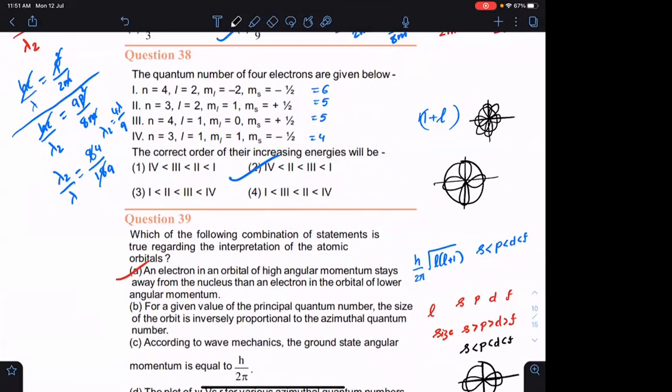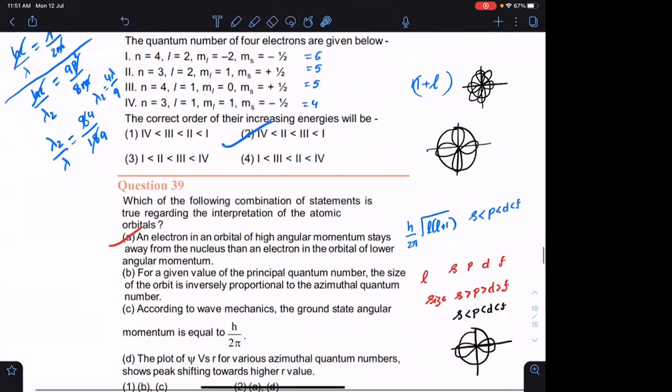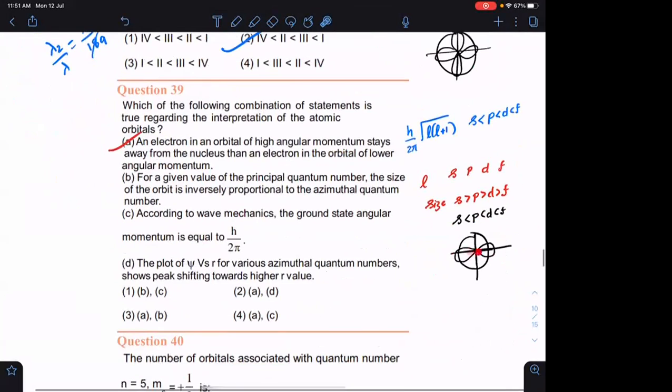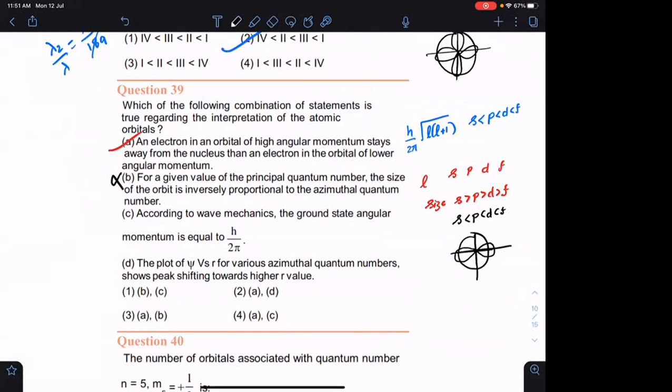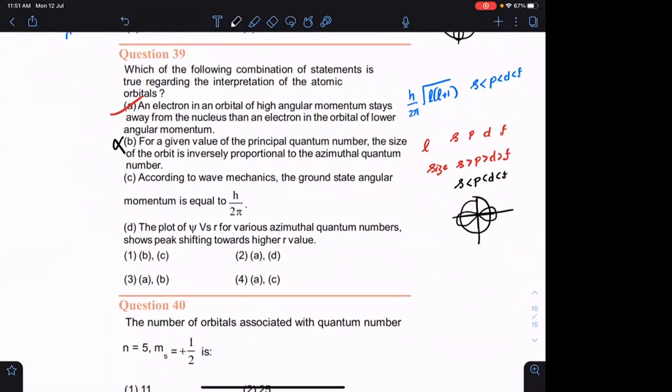Okay, clear है? यही से penetration power का भी हम बोलते हैं, and s orbital is more penetrated towards the nucleus when compared to p, d, and so on. I hope this is clear. So statement 2, will that be a right statement or a wrong statement? Wrong statement. Okay. According to wave mechanics, the ground state angular momentum is equal to h/2 pi. Is this right?